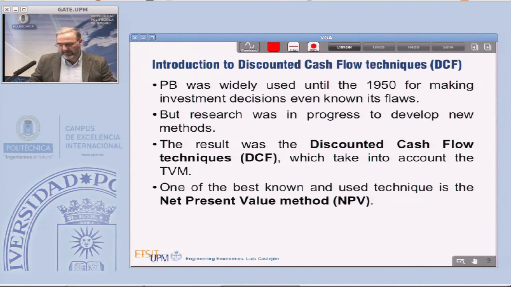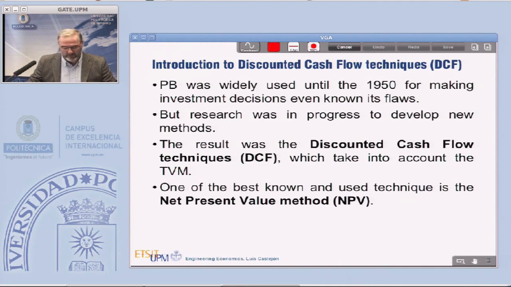But in those years, the 50s, different researchers were trying to find advanced methodologies for financial analysis, and then they developed the well-known and most used methodology today, which is the discounted cash flow methodology, which takes into account the time value of money.